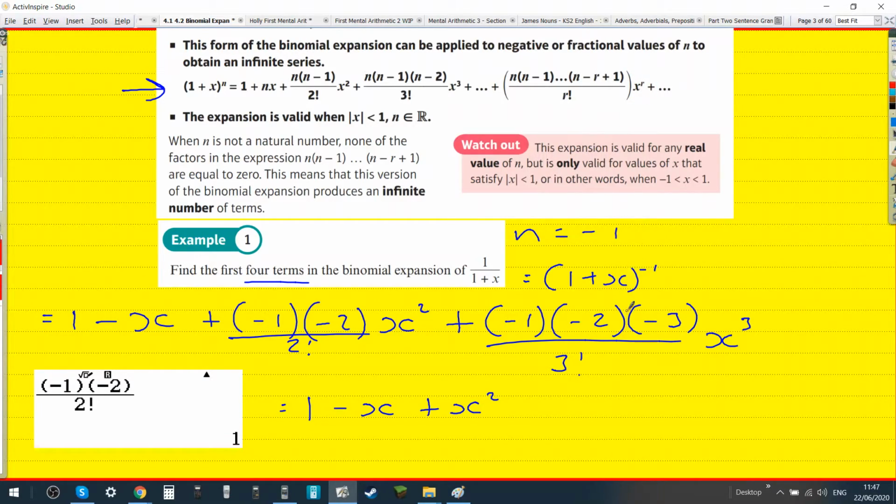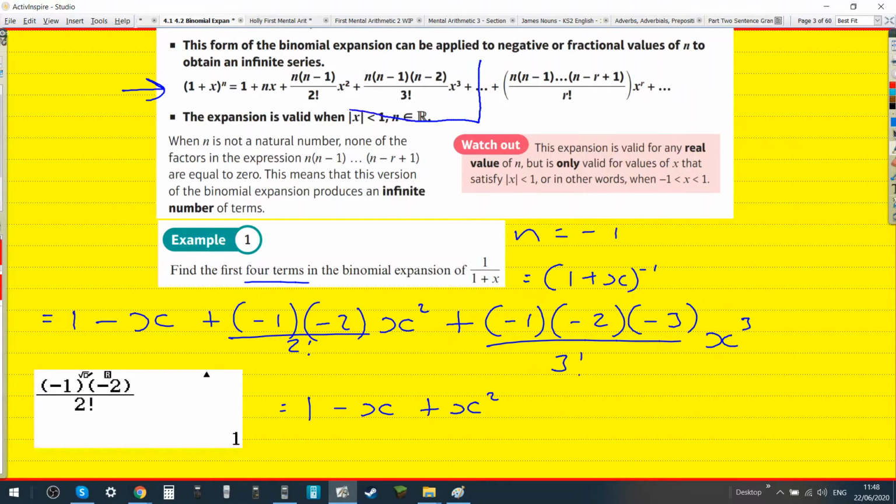Okay, and so minus 1 times minus 1, and then dot, and then minus 1 minus r plus 1 over r factorial x. No, ignore that. Ignore that. That's just in general.